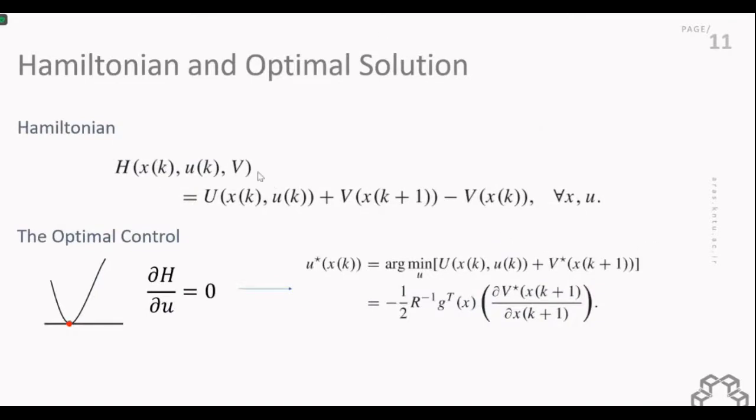And this Hamiltonian function, depending on how it is defined, is either always positive or negative, and its optimum point is located at 0, which we can find by taking a partial derivative with respect to u. So we can take the derivative with respect to u and find the input that minimizes the Hamiltonian, which gives us our optimum controller.